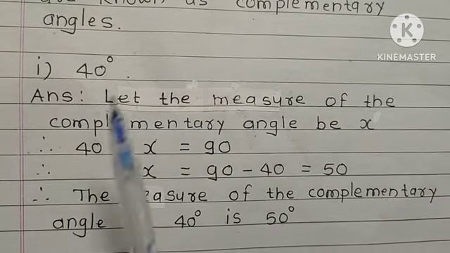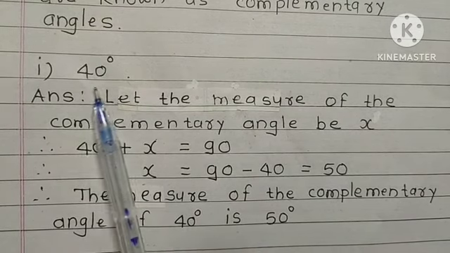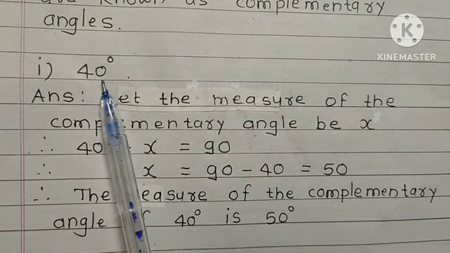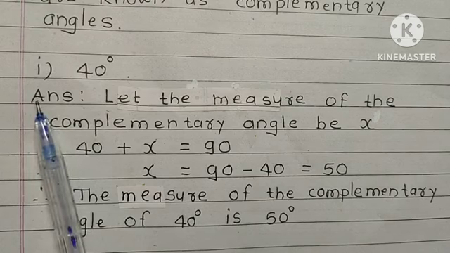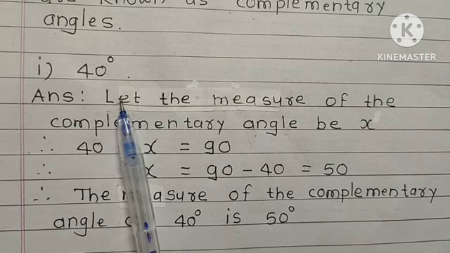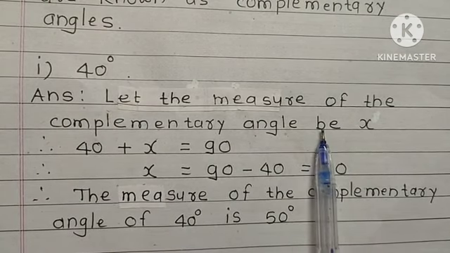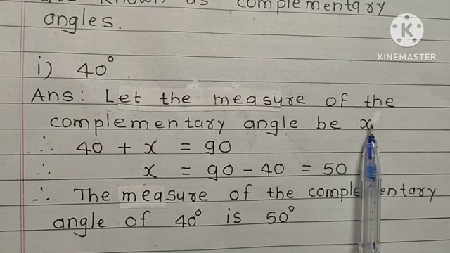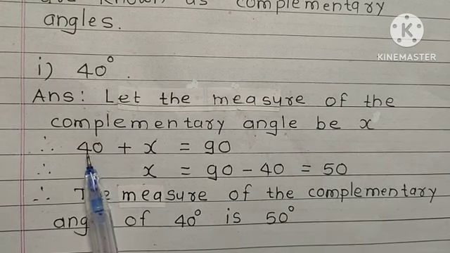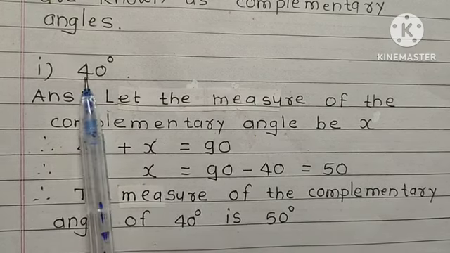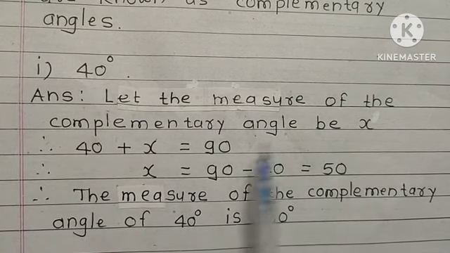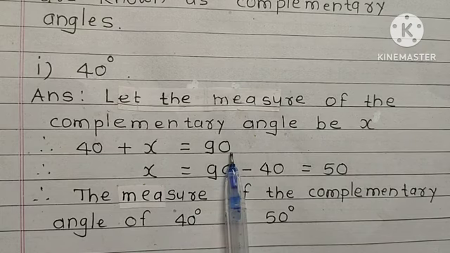First angle is given 40 degree. We have to find the complementary angle of 40 degree. So answer, let the measure of the complementary angle be x. Now 40 plus x, this angle plus this angle, addition is 90 degree.